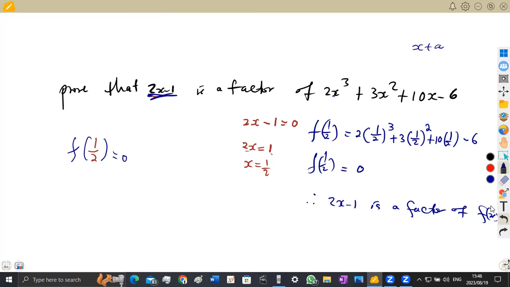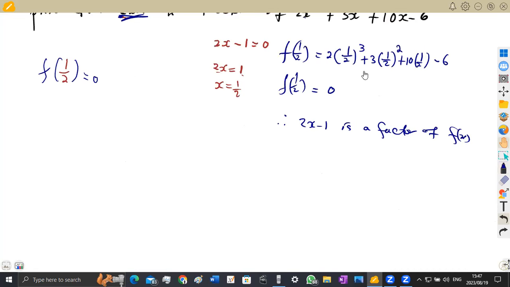So sometimes, just for interest's sake, we might be given to prove that again, for example x minus 4.